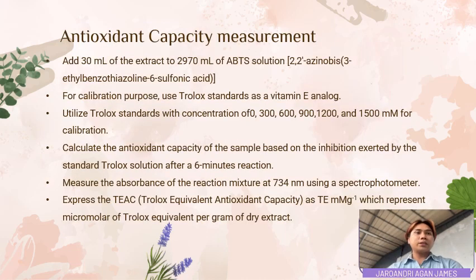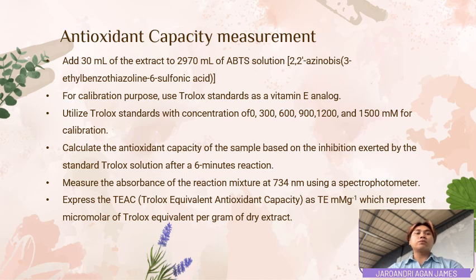And for antioxidant capacity measurement, add 30 microliters of extract to 2970 microliters of ABTS solution. For calibration purposes, use Trolox standard as a vitamin E analog, with concentrations of 0 to 1500 for calibration.